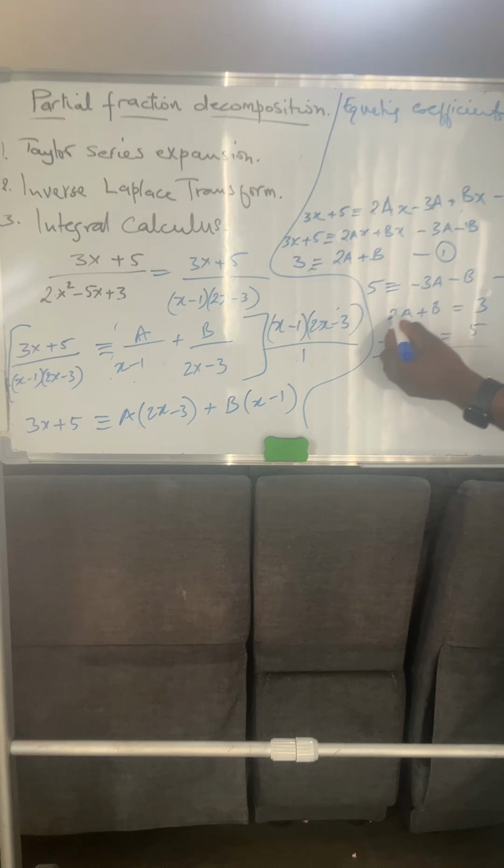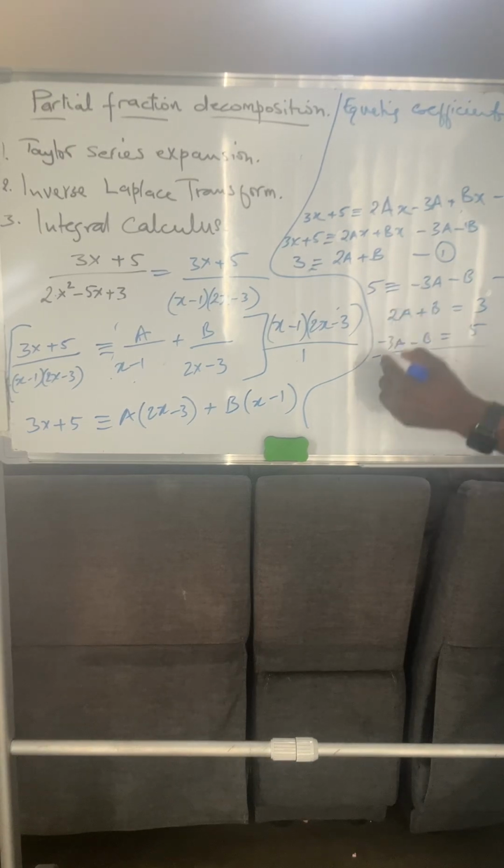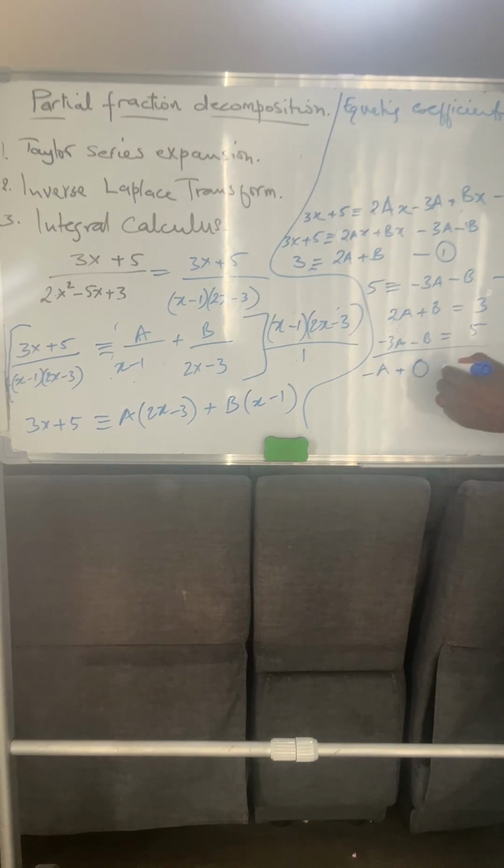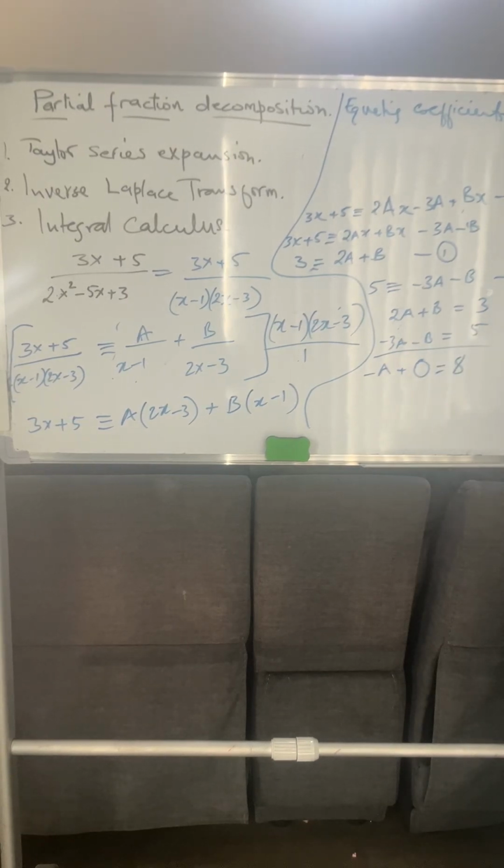If you add 2a and minus 3a, you get minus a, and here you will get plus 0. If you add, you get 8. So therefore, a is minus 8.